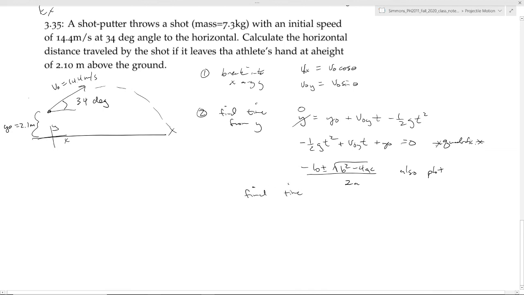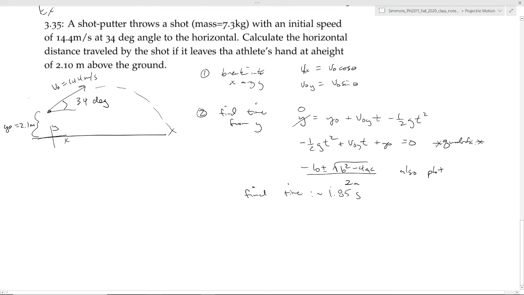And since it's quadratic, you'd have two solutions. Now, only one of those solutions is positive, and that's the one that you would want. You'd find it's about 1.85 seconds or something like that.